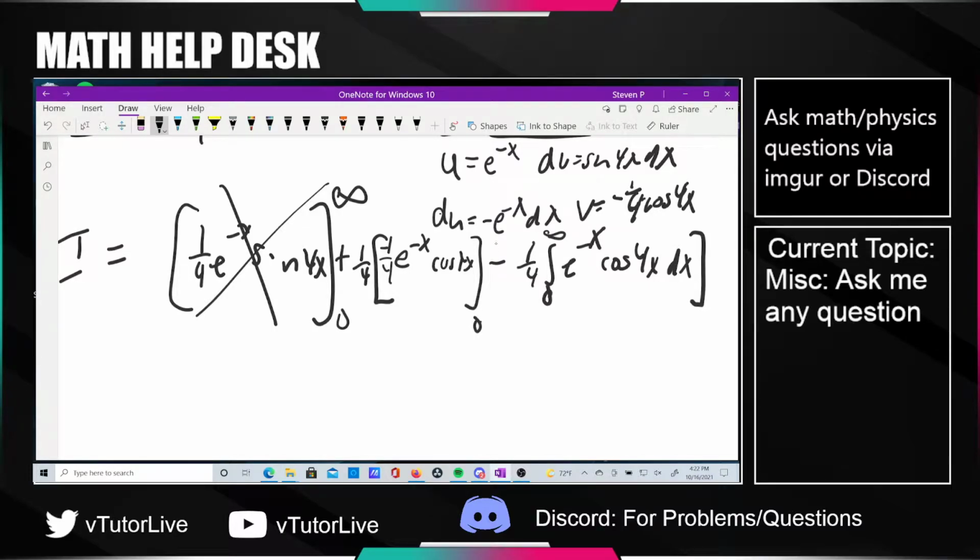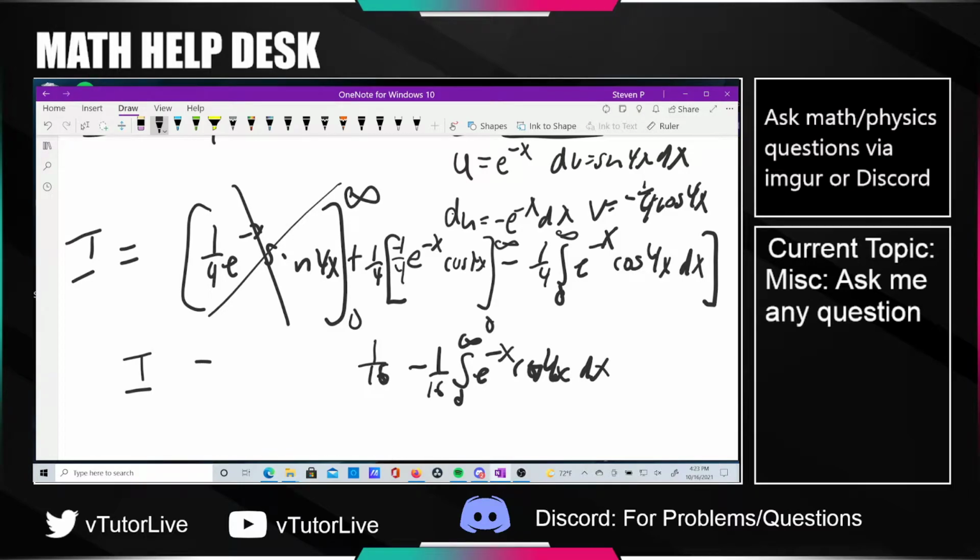This also gets evaluated from 0 to infinity. I believe this turns into positive 1/16 minus 1/16 integral e to the minus x cosine 4x dx from 0 to infinity, right?